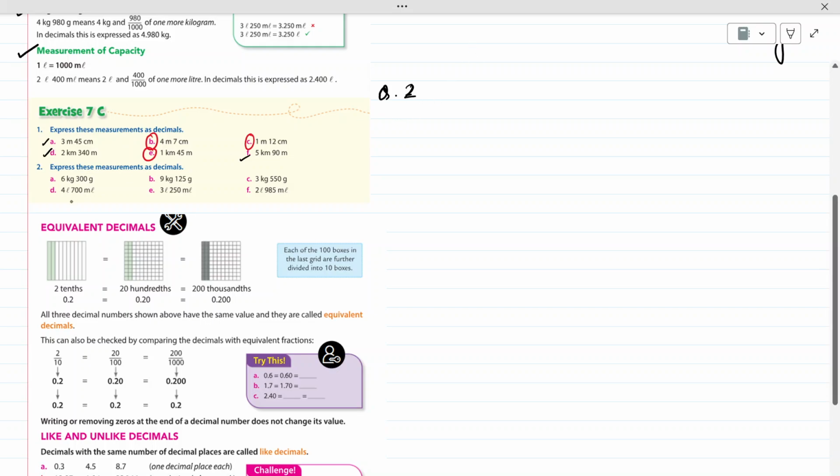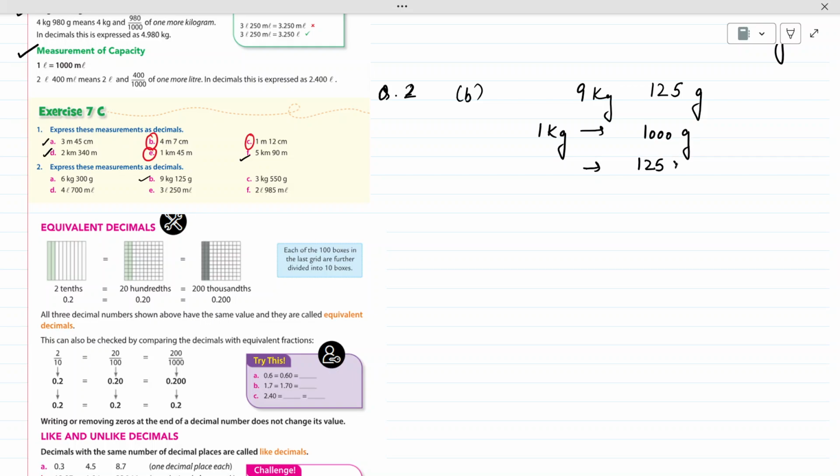Now coming to question number 2, let me do question number B first, where we have 9 kgs, 125 grams. Now the units are again different, grams and kilograms. So let us convert them into the same unit. We know that 1 kilogram is equivalent to 1000 grams. We have to find how many kilograms are there in 125 gram.